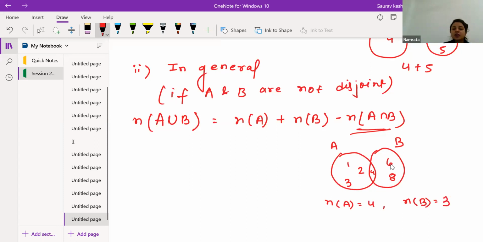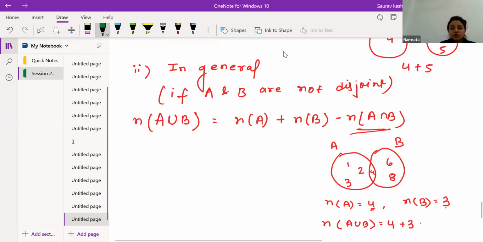Okay. So when you have to find the number of elements in A union B, what do we have to do? We take the number of elements in A, that is 4, the number of elements in B, that is 3, and then you have to do the subtraction, because if you will not do the subtraction, how many elements are we getting? 4 plus 3 is 7. Let's count whether total 7 elements are there or not. Is it 7?